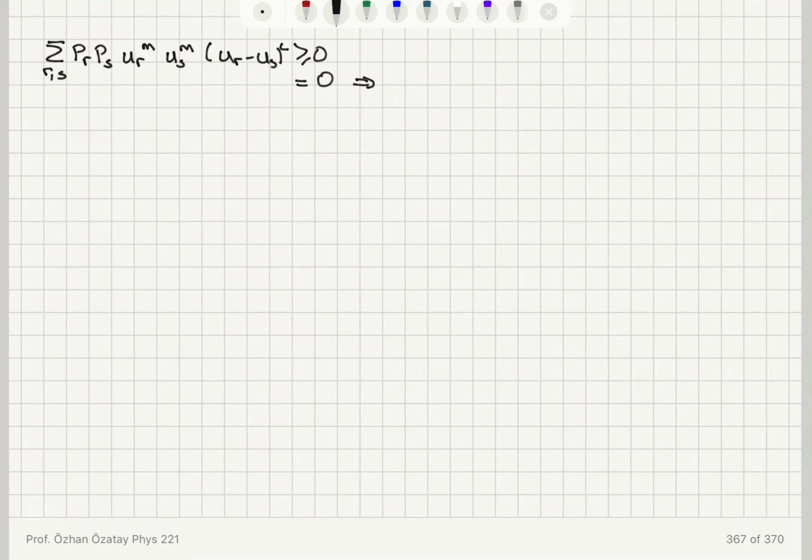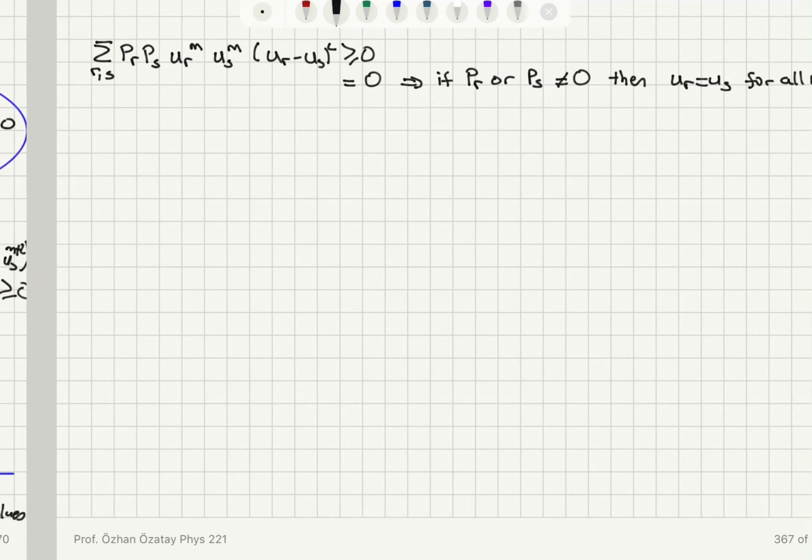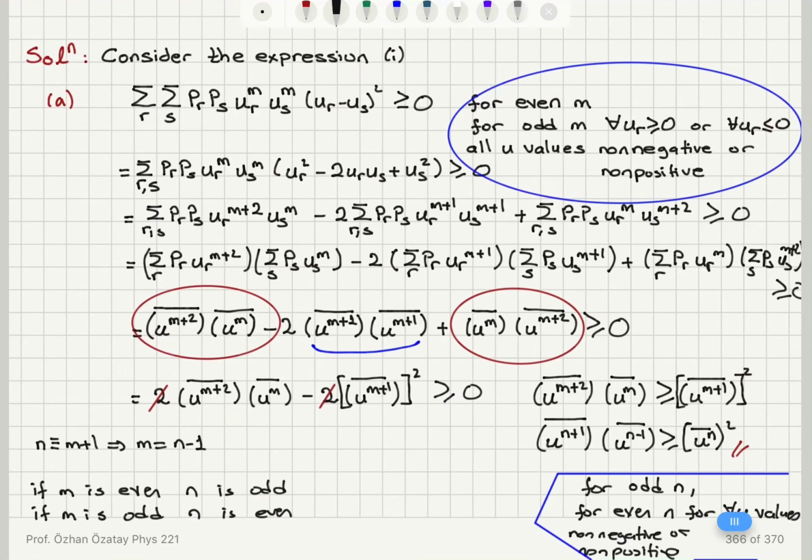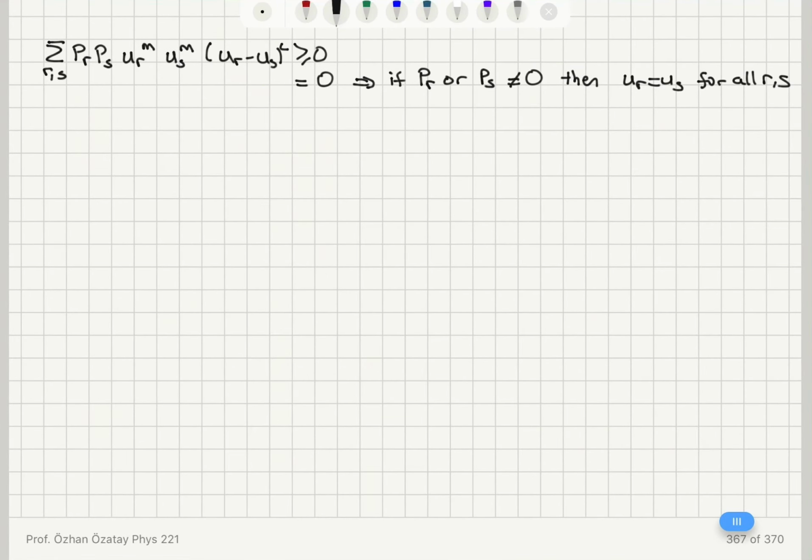This implies if PR or PS are non-zero, then I must have UR is equal to US for all R and S. So that means there is only one value, so as stated in the problem statement, a single possible value of U occurs with non-zero probability.